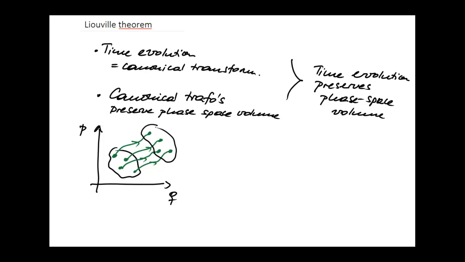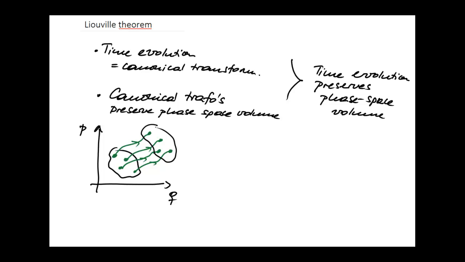Now I promised you, and this is really going to be the last statement of today, to give you just a little bit of an idea of the physical meaning of phase space volume. And you can only fully understand that when you have some background in quantum mechanics.